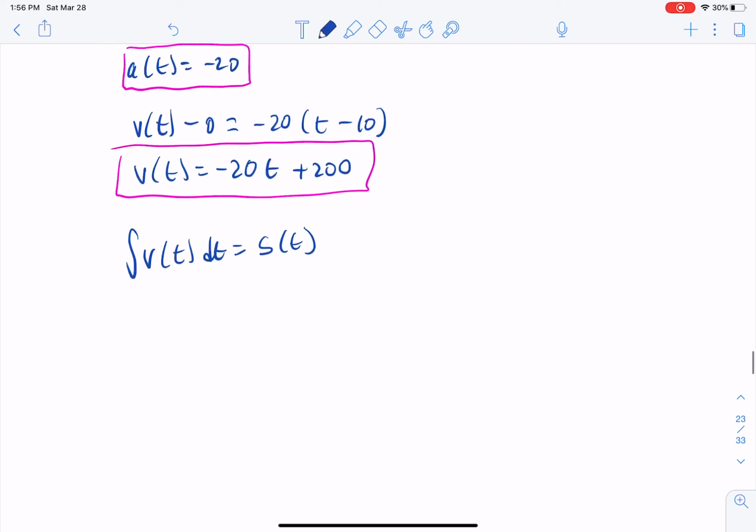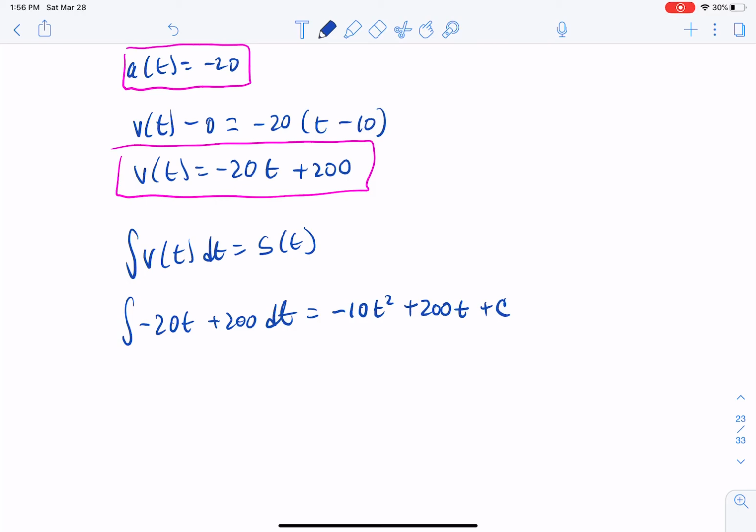So my velocity function we just found, negative 20t plus 200 dt, should be equal to negative 20t squared over 2, which makes a negative 10t squared, plus 200t, and then plus c. Do not forget your constant of integration.